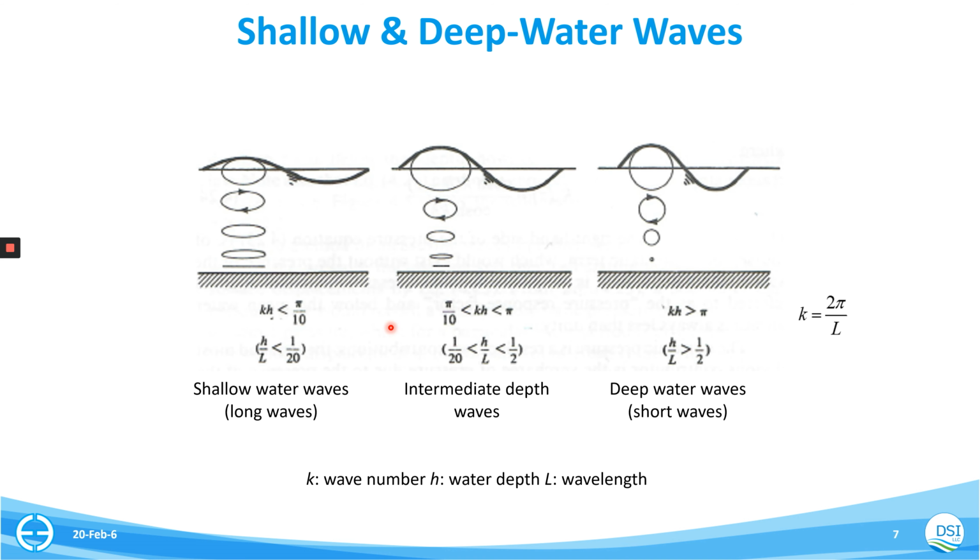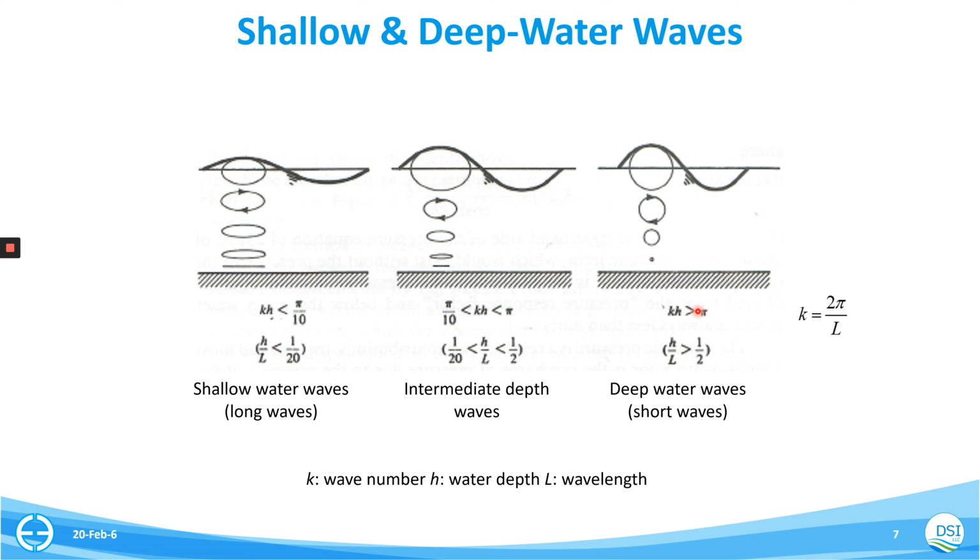Followed by that, this graph shows the movements under shallow water waves and deep water waves. As I mentioned earlier, as waves travel towards the shore, the particle movement under the wave gradually changes from circular to more elliptical motions. One of the main things that separates deep water waves from shallow water waves is not just the depth of the water, but the relative depth.